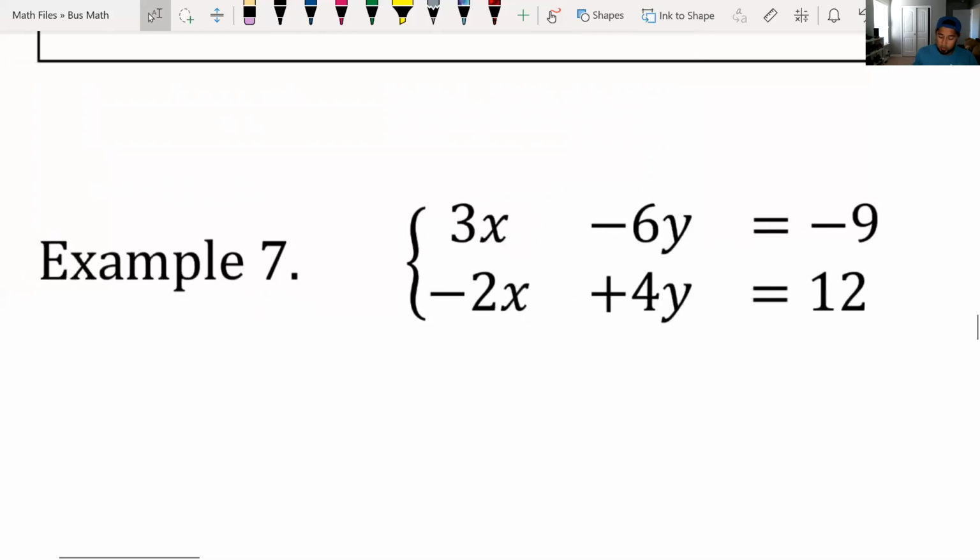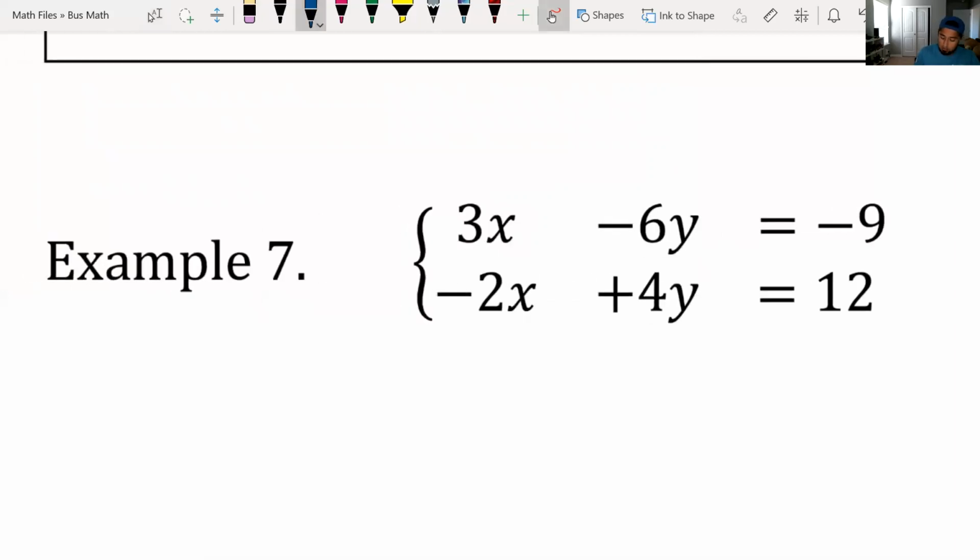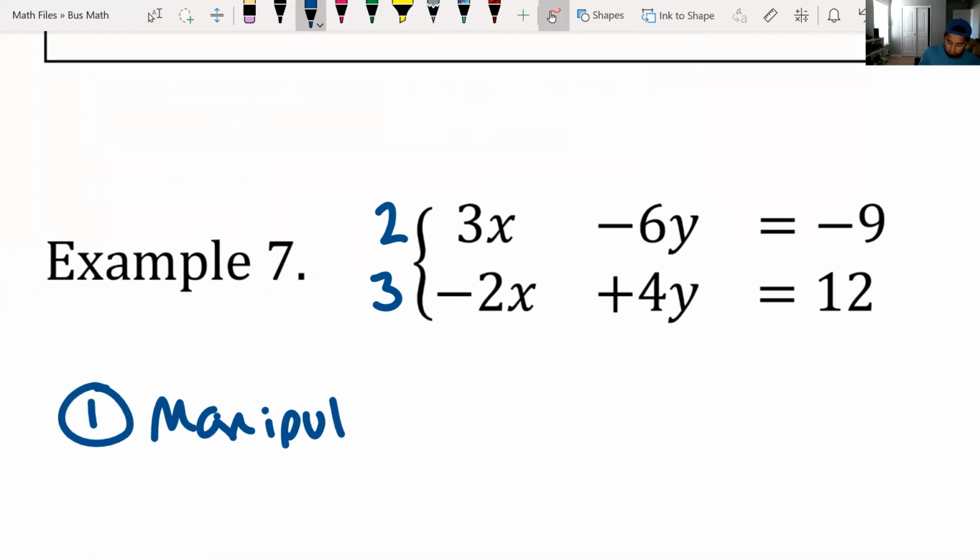All right. So this means that I will multiply the first equation by 2, and I'll multiply the second equation by 3. We know how it works now. So I'm just going to have 2 times all of this, 3 times all of that.